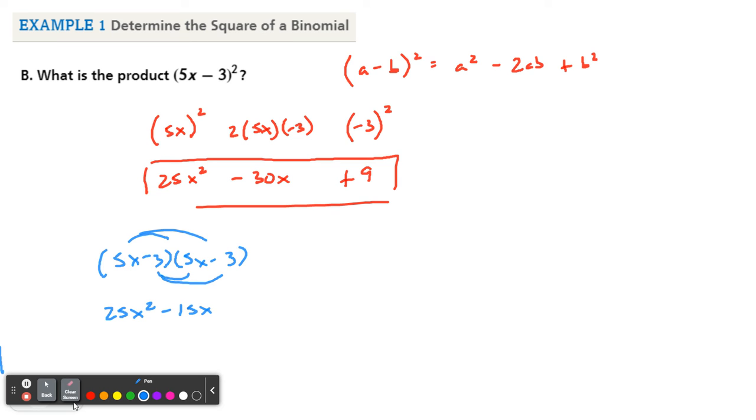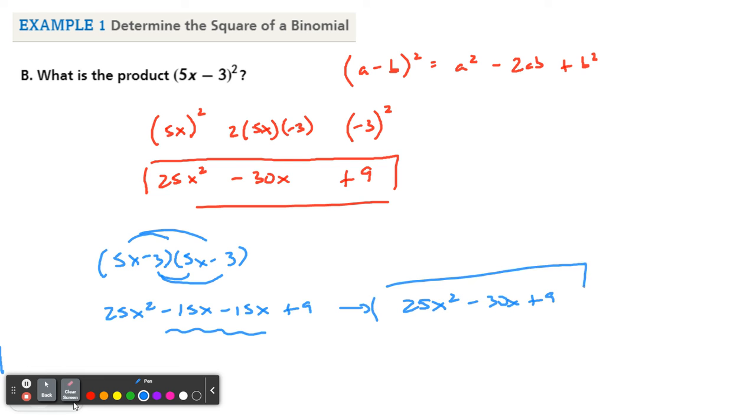Do the same thing down here. Negative 3 times 5x is negative 15x. And negative 3 times negative 3 is positive 9. And then your middle terms are going to combine. So you get 25x squared minus 30x plus 9. Which is exactly the same as up there. Again, doesn't matter.